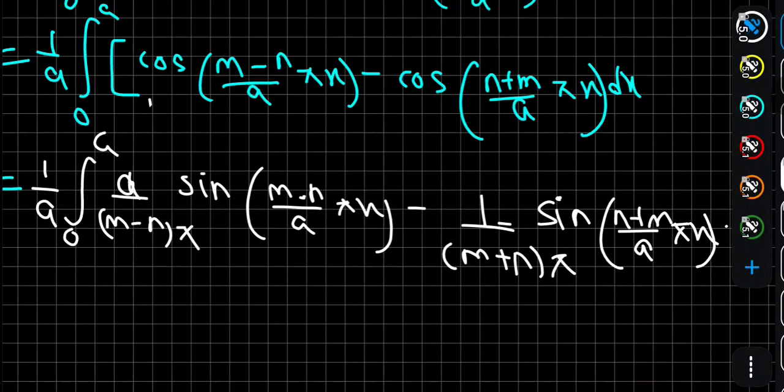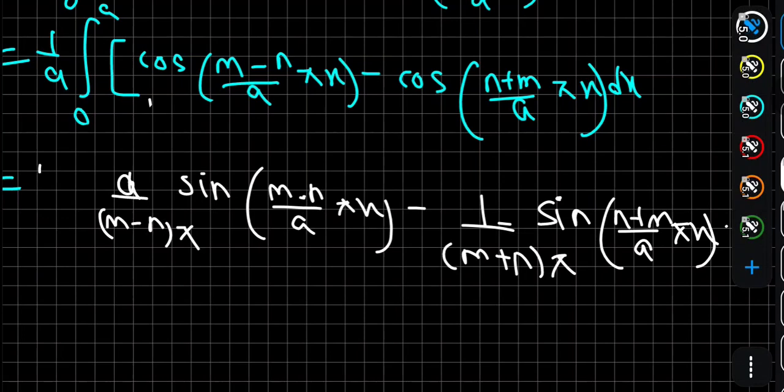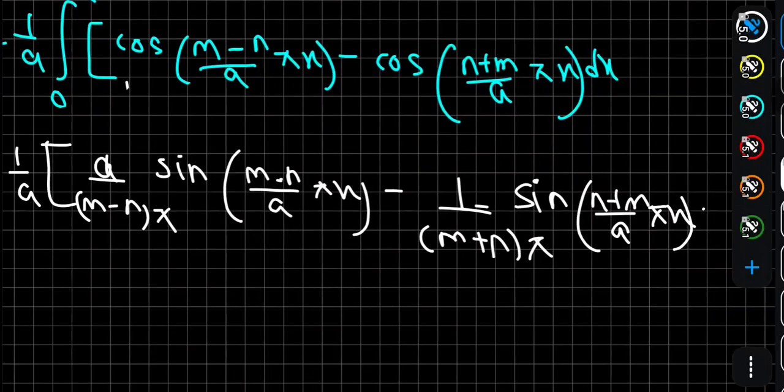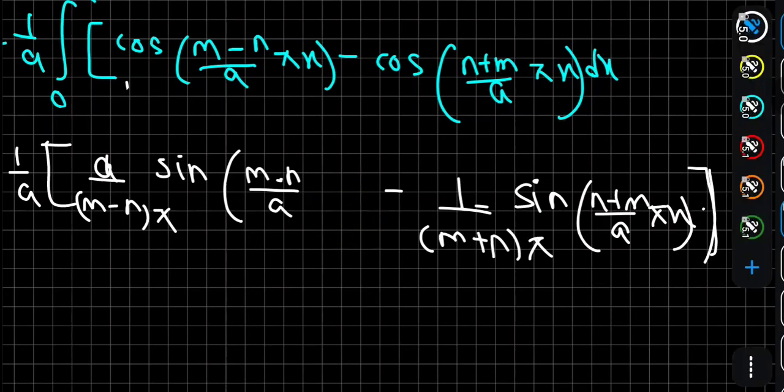Oh, 1 minute, I have to remove this sign of integral because I have done that. Okay, so here it will be 1 by a, let me put it in this particular sign, and also I have to write here a, because if I have done the integral I have to put the limits here, and after limit here it should be pi a, which will eventually cancel out, but you have to write it.